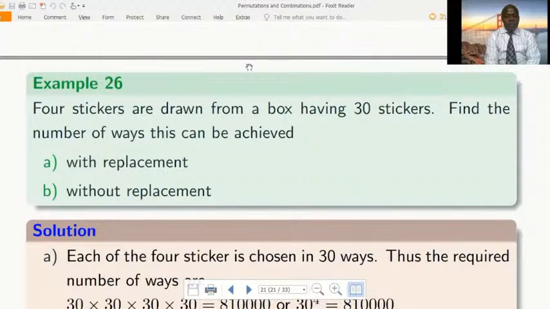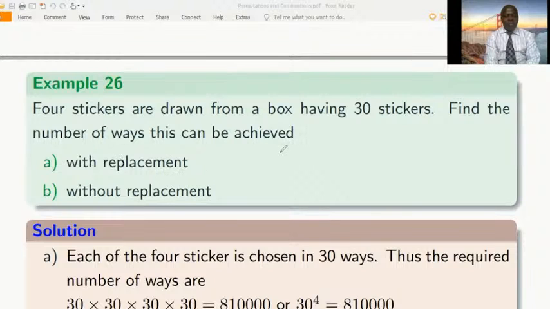Let's look at this one. 4 stickers are drawn from a box having 30 stickers. Find the number of ways this can be achieved with replacement or without replacement. With replacement is very easy.